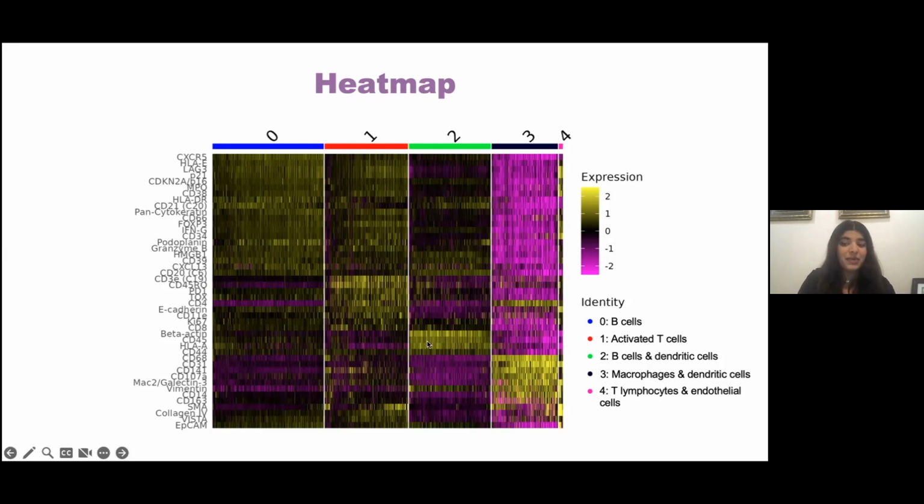Cluster 2 had B cells and dendritic cells, which were marked by CD44 and CD45. Cluster 3 had macrophages and dendritic cells as well, and that's due to CD68. And then cluster 4, because of CD31 and CD163, had the presence of T lymphocytes as well as endothelial cells. So we were clearly able to differentiate between some of the genes and the biomarkers we stained for, as well as the clustering within the cells.